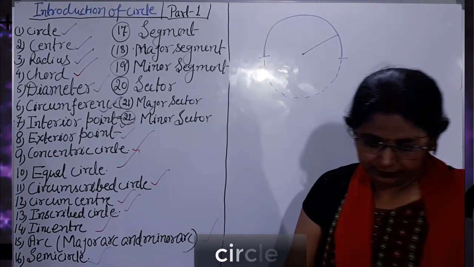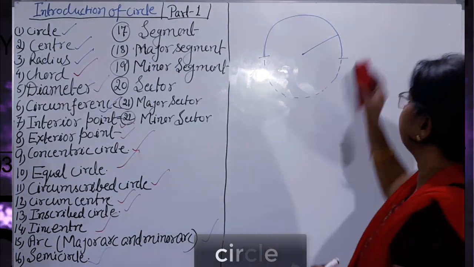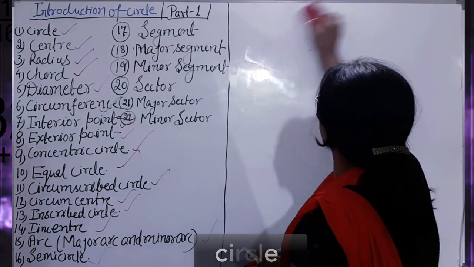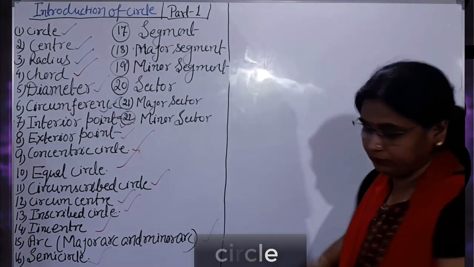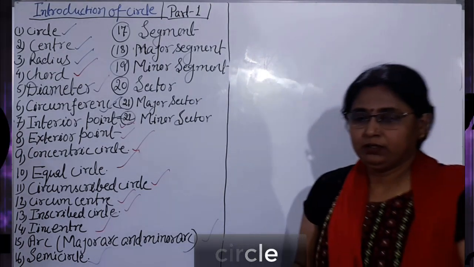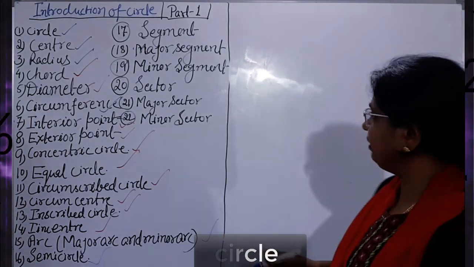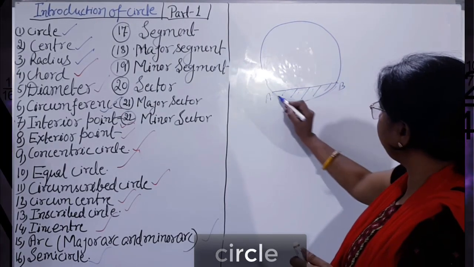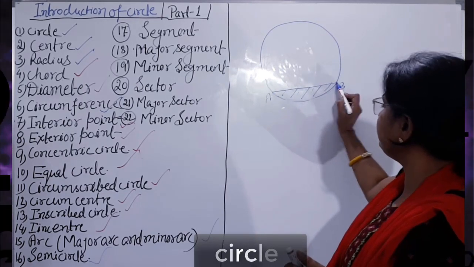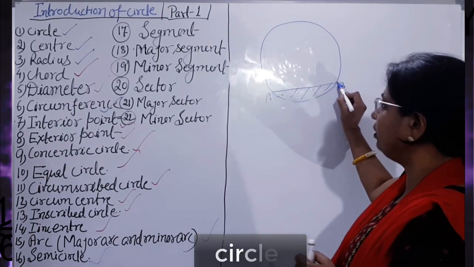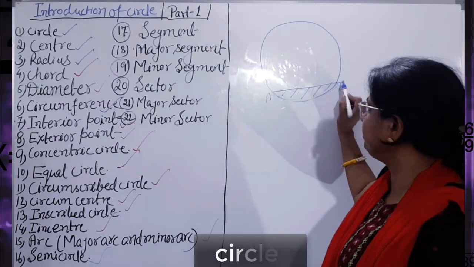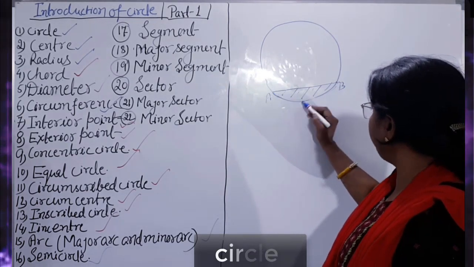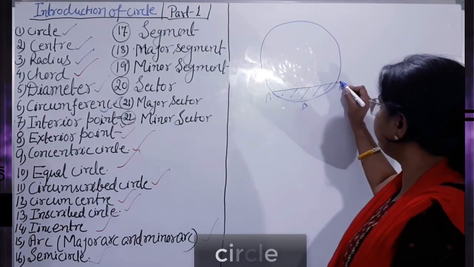Now, segment. Suppose I am taking two points in the circle and joining them. This line segment AB is a chord, which I have already explained, and APB is an arc.